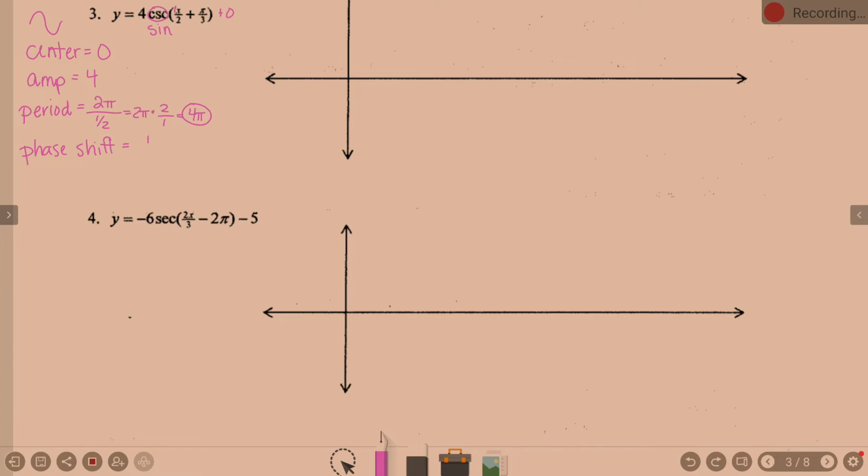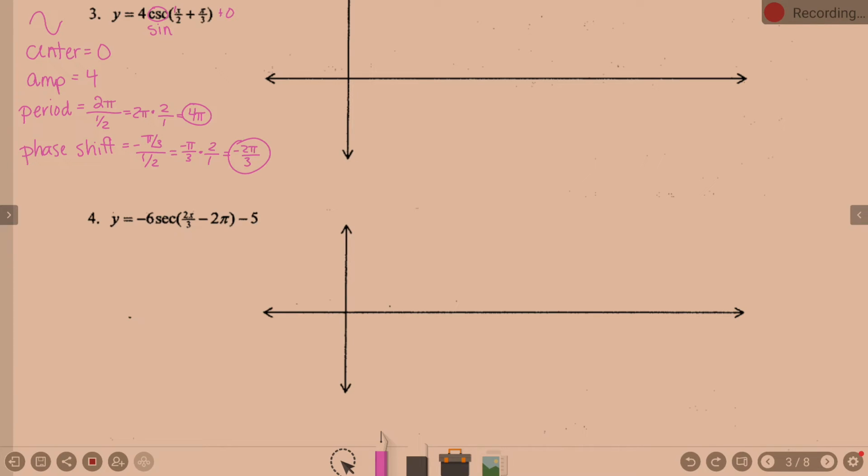It's pi over 3 divided by B, which is 1/2. And since that's a plus sign, this is going to be a negative, yes? So if I do my keep change flip, or I should say multiply by the reciprocal, dividing by 1/2 is multiplying by 2 over 1. Negative 2 pi over 3.